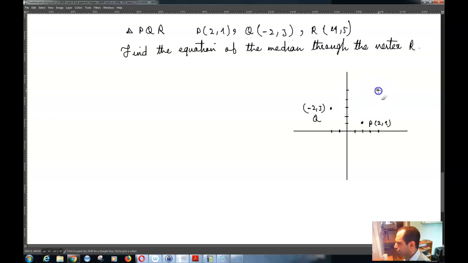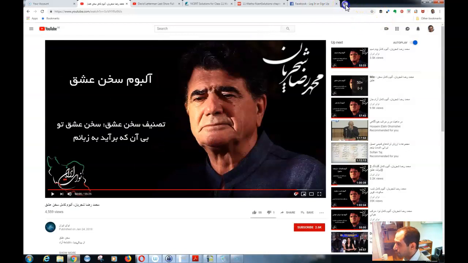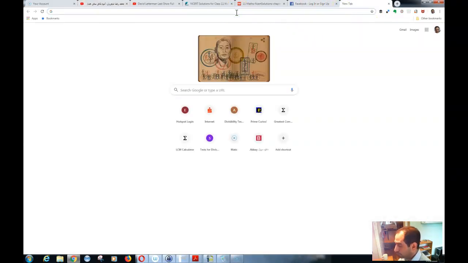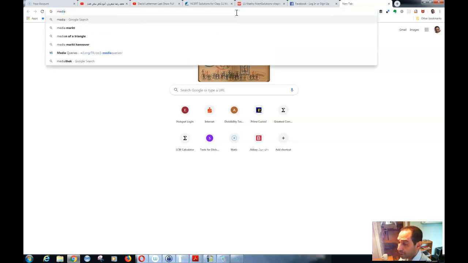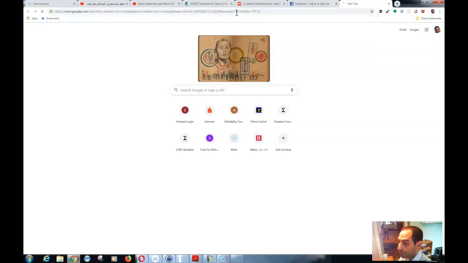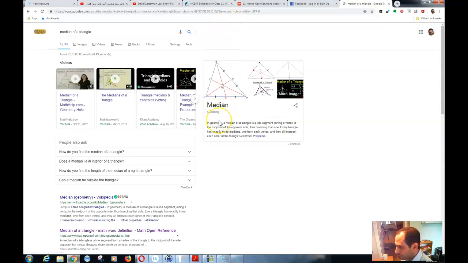So that's this point over here, point R. Now if you draw this triangle this way, you will get this triangle. And the median through the vertex R. So just to be clear about the meaning of a median of a triangle: in geometry, the median of a triangle is a line segment joining a vertex to the midpoint of the opposite side, thus bisecting that side.